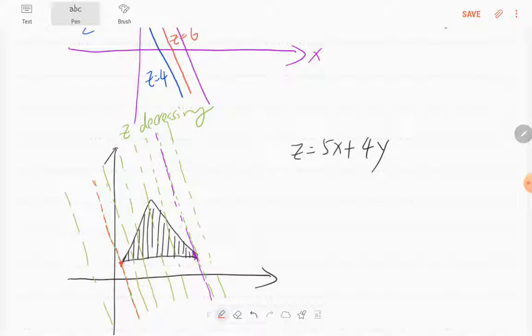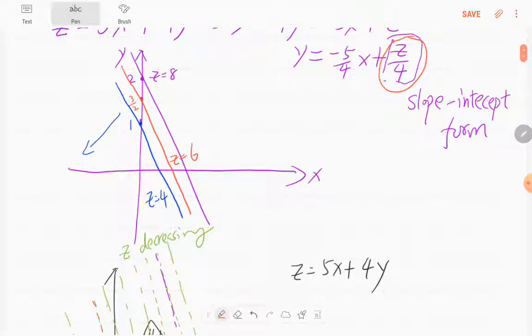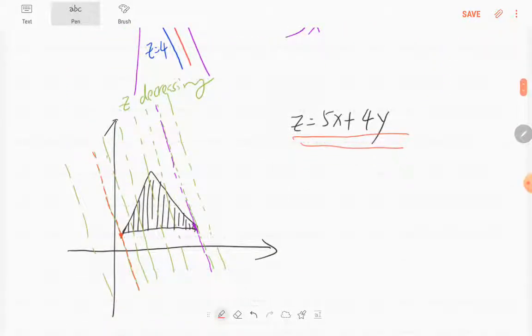The purple line has the largest z value and the red line has the smallest z value. The reason is that for this specific equation, the lines go down as z is decreasing. The other lines we will not consider, because we only consider xy values in this region, not values outside it.